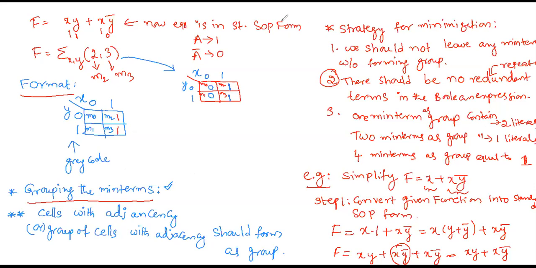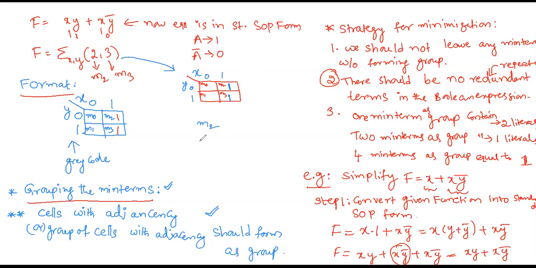Generally, cells with adjacency, or groups of cells with adjacency, should form a group. Wherever the minterms are present, M2, M3, now check whether M2, M3 are adjacent cells or not.